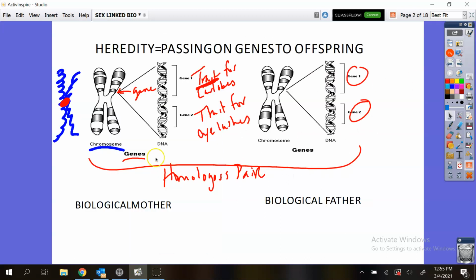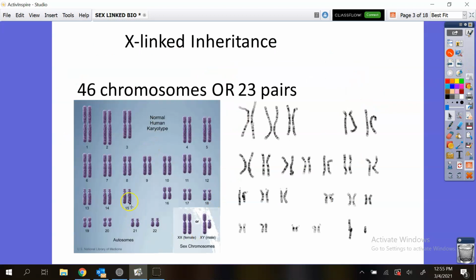So remember, these get separated during meiosis in the formation of your egg and sperm cells to create a human offspring. Right here would be a normal human karyotype. Again, notice it's arranged by size, and that we have 23 pairs. These are called your autosomes, 1 through 22, and the 23rd pair is your sex chromosomes.